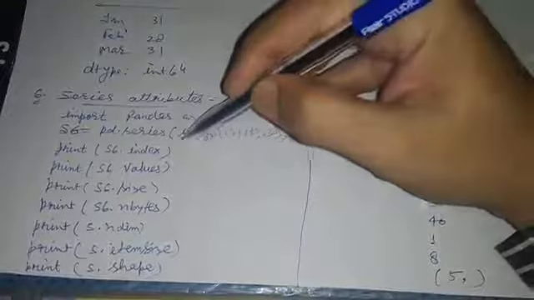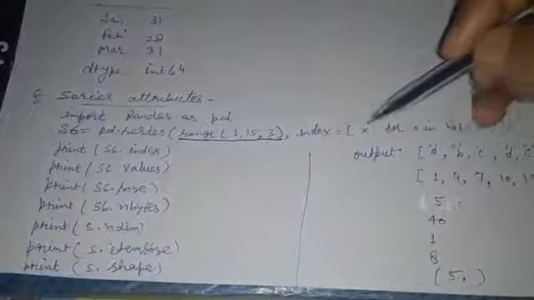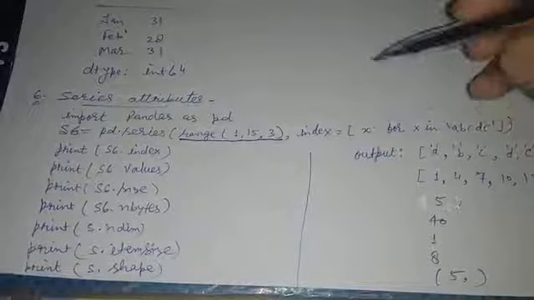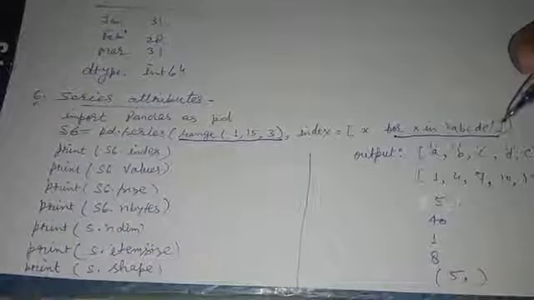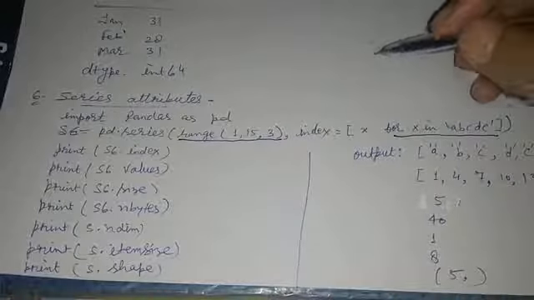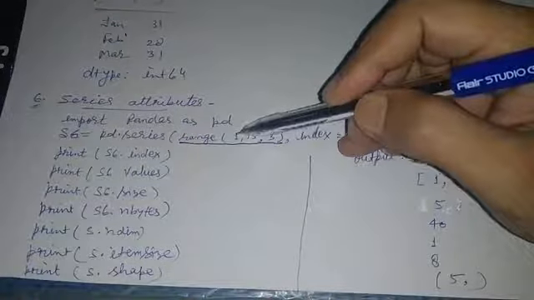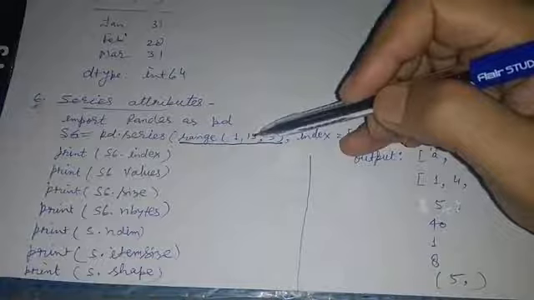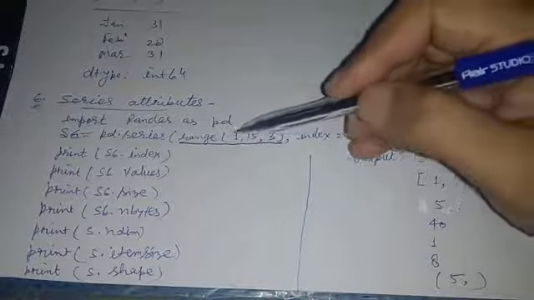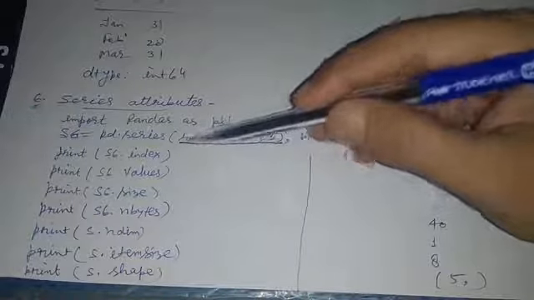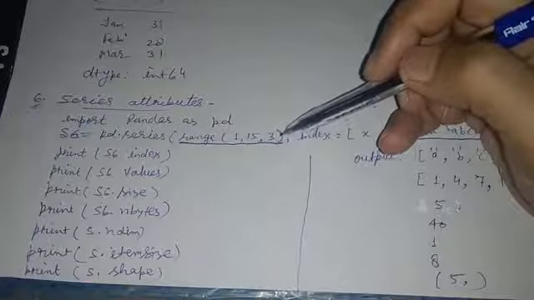This is how I gave the data for the series, and an iteration is going on here to decide the index. Okay, let's make it clear. The range function is used to create values from 1 to 1 less than the stop limit, and a skip is given here. So we have used this function to make a list of data.